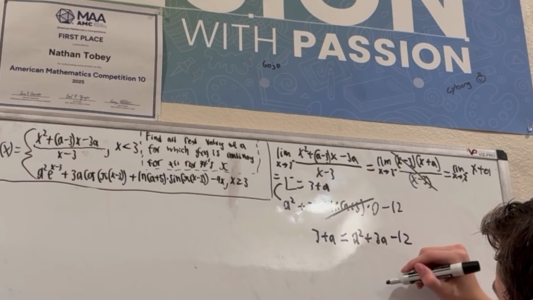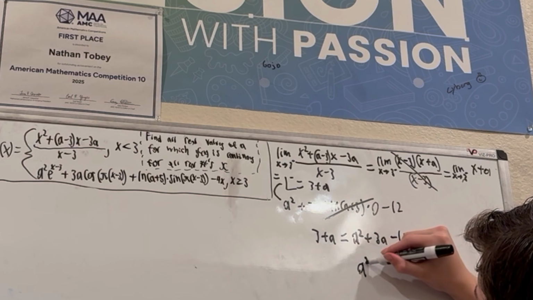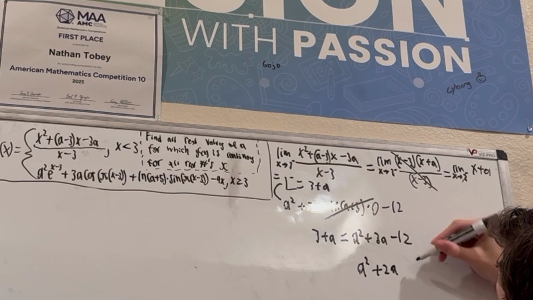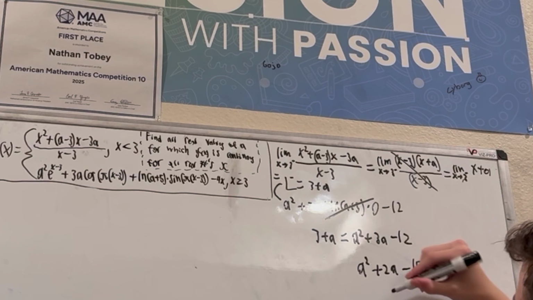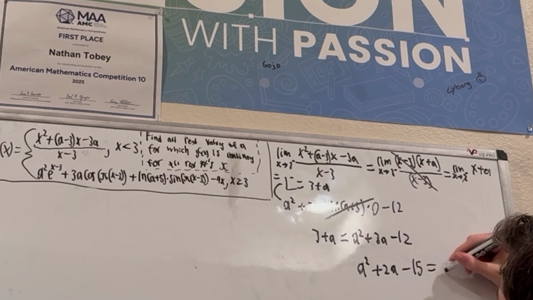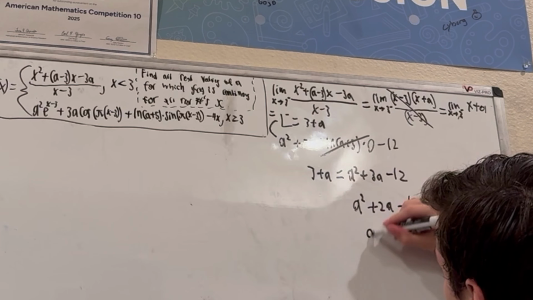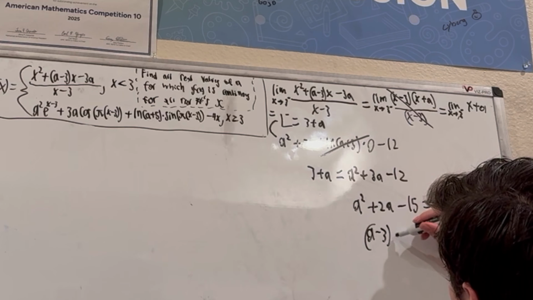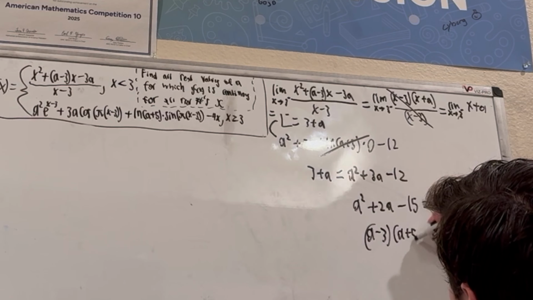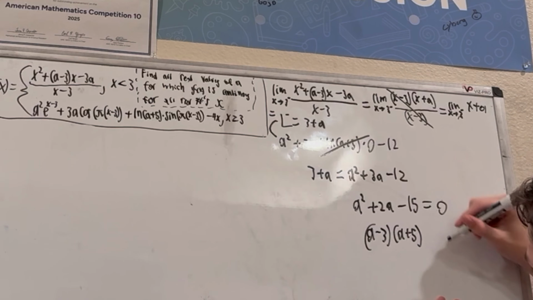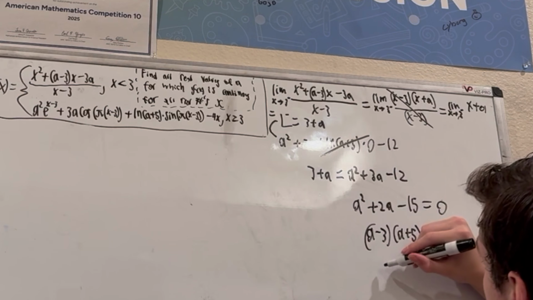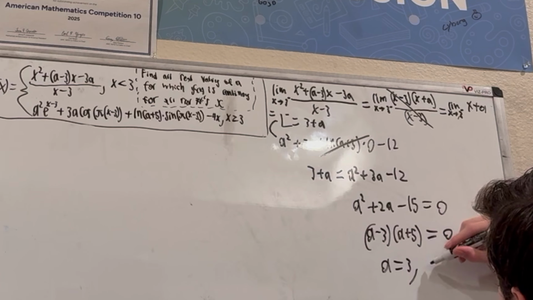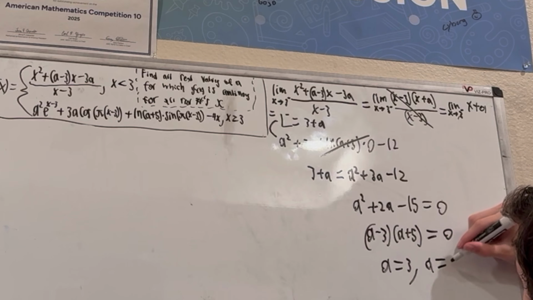This simplifies to a squared plus 2a minus 15 equal to 0, and this is the same as a minus 3 times a plus 5 equaling 0. So we get our two values for a to be 3 and negative 5.